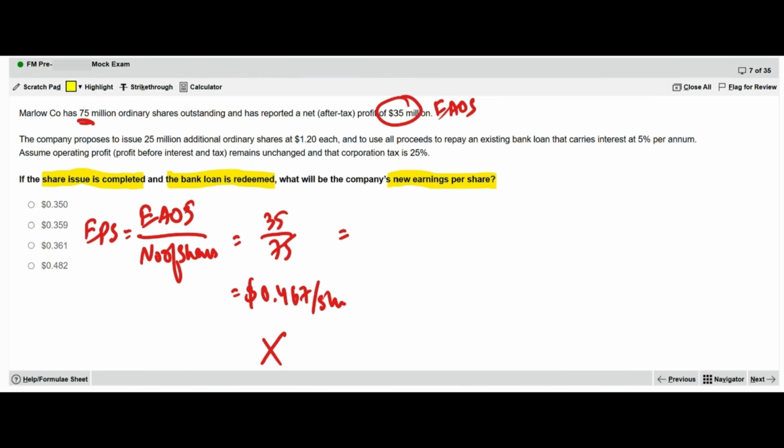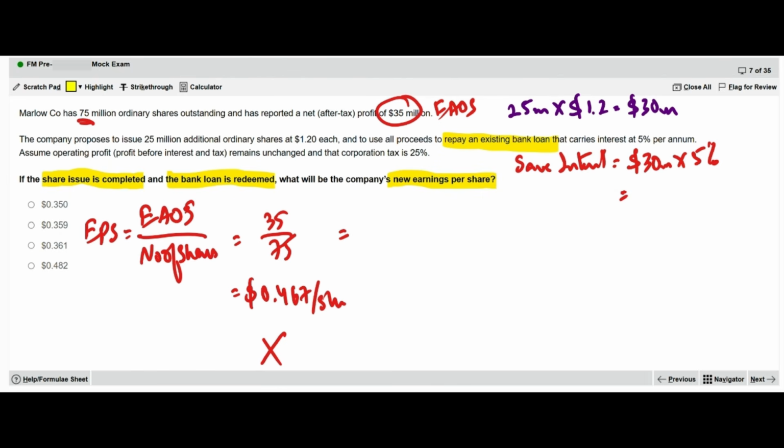Now, after issue of shares, how much fund is raised? 25 million shares at 1.2 will give me $30 million raised, and this 30 million is raised in order to repay the existing bank loan. That means I'll be able to save interest of 30 million into 5 percentage, which is 1.5 million.